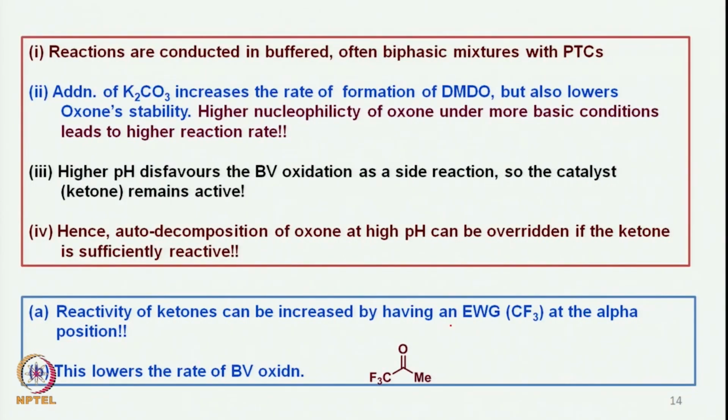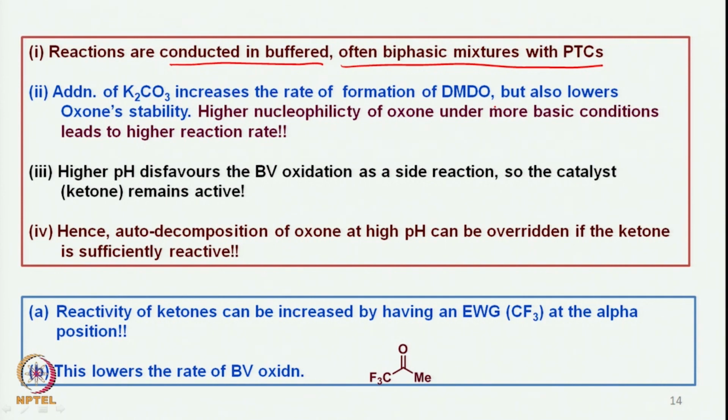So, the reactions are conducted in buffer medium, often biphasic mixtures with phase transfer catalyst, which is PTC. Addition of potassium carbonate increases the rate of formation of DMDO, but also lowers oxone stability.